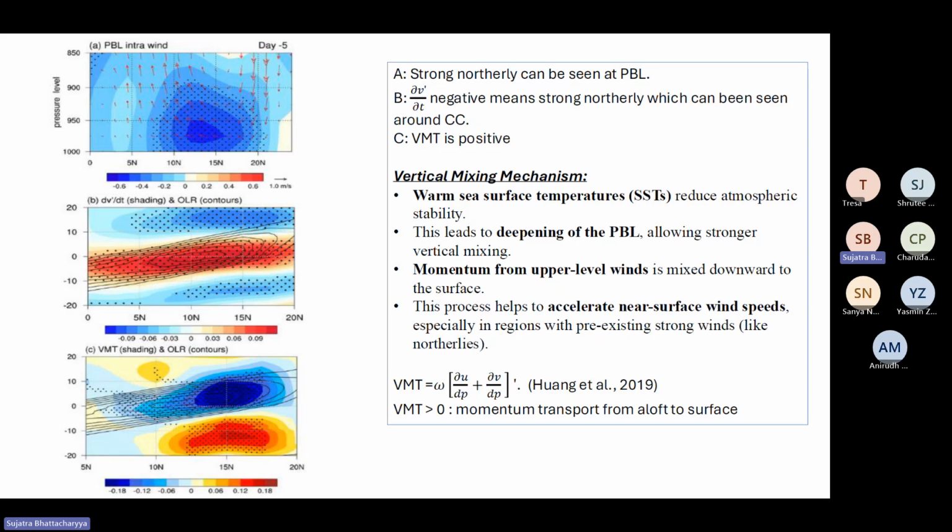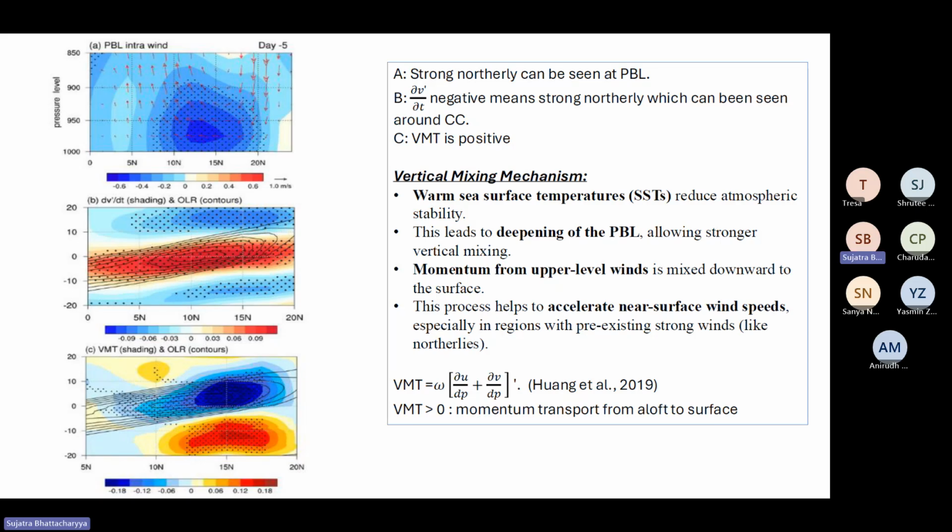Due to this, the northerlies from the north of it can be seen here. So this is the plot at day -5 when the convection center reaches 10 degrees north. And here at the PBL, at around 850 hPa, between this region, we can clearly see strong northerlies from 20 degrees north to 10 degrees north. Due to this and this temperature gradient, this normally leads to convection 3 days ahead of the convection center. And in this way, the convection propagates northward.